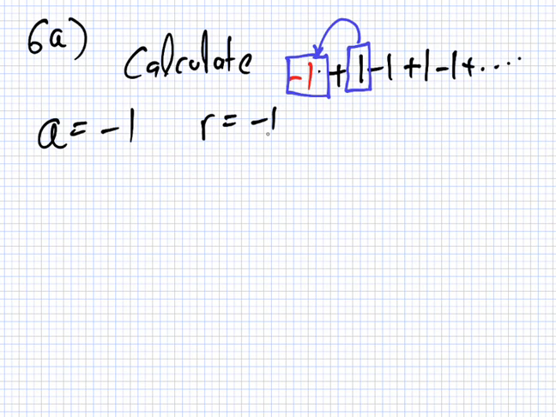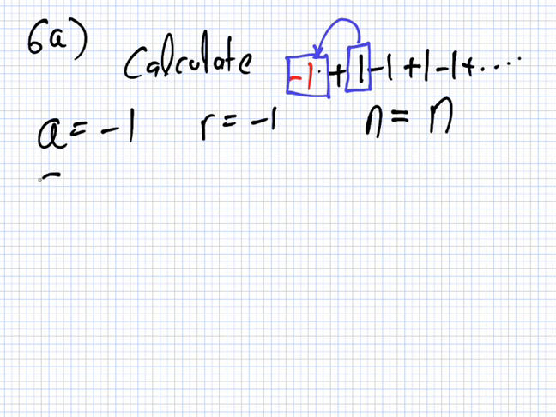And then, who have I not picked on yet? Anna. So what's the N here? Unknown, you're right. So we call it just N. We don't know how many terms there are.